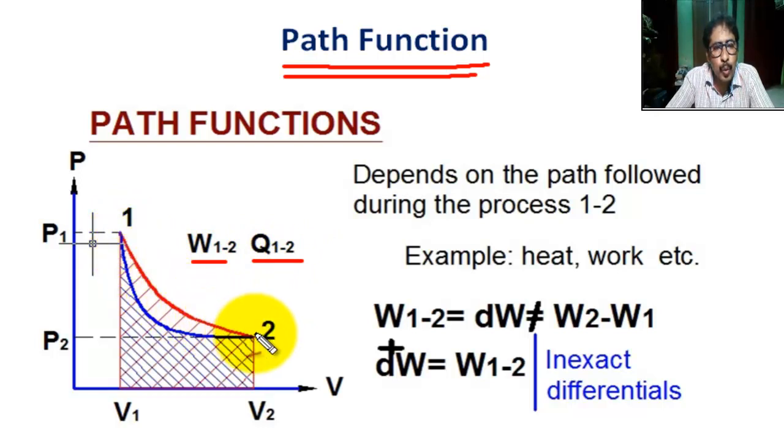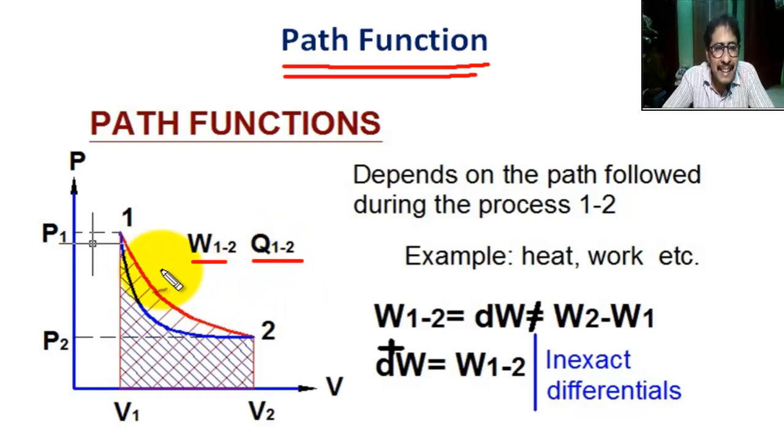From 1 to 2 process, work done is W12 or heat produced in the system Q12. Say when system undergo 1 to 2, work produce W12 and heat produce Q12.